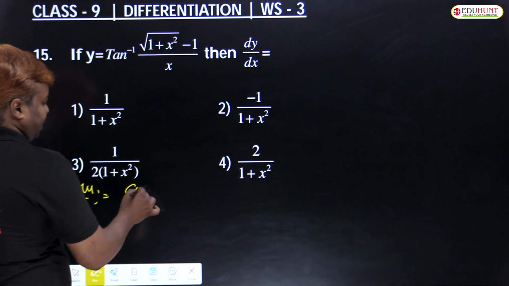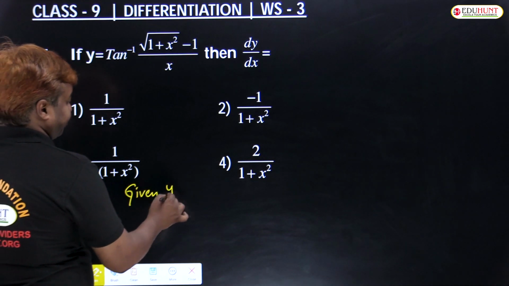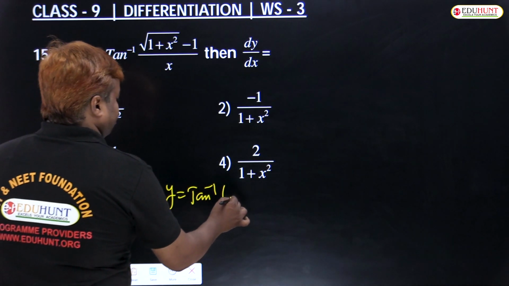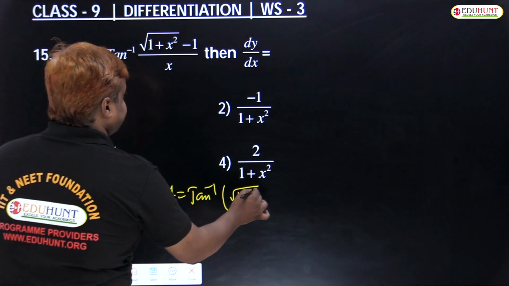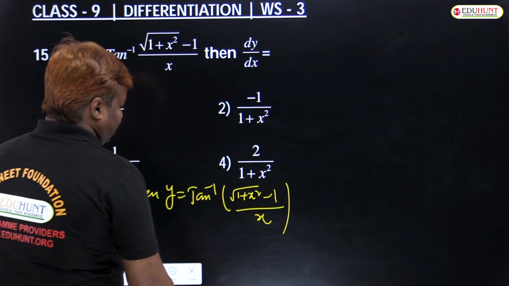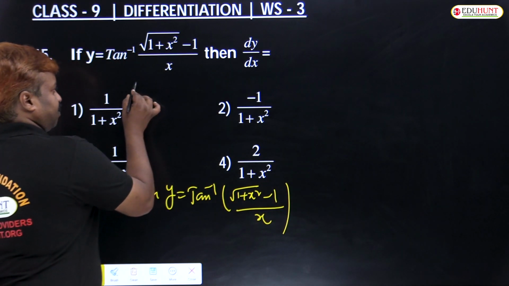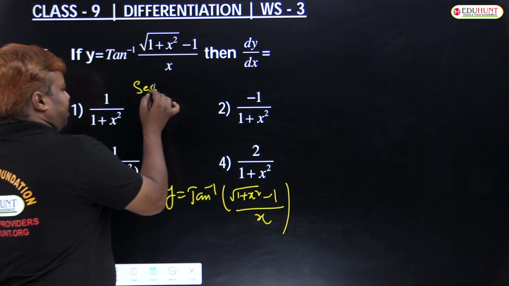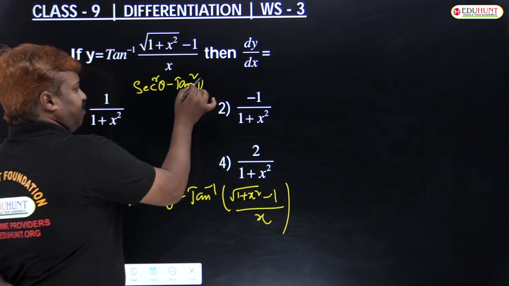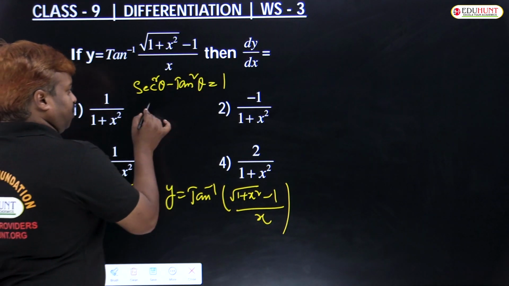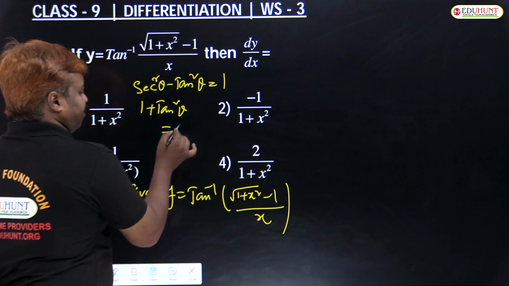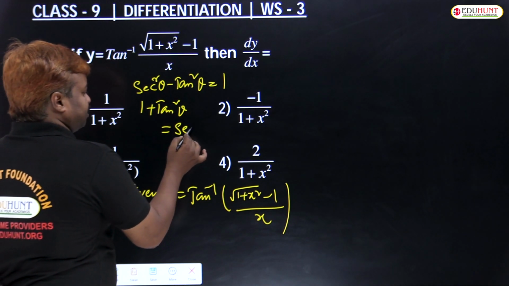Given y is equal to tan inverse of root over 1 plus x square minus 1 by x. Again substitution, you know the relation: secant square theta minus tan square theta. Now what about 1 plus tan square theta? 1 plus tan square theta means secant square theta.